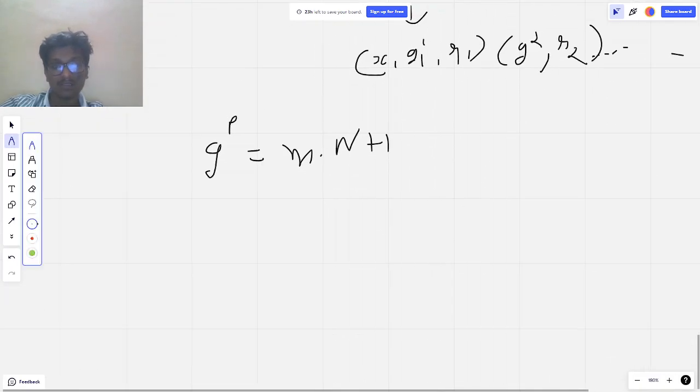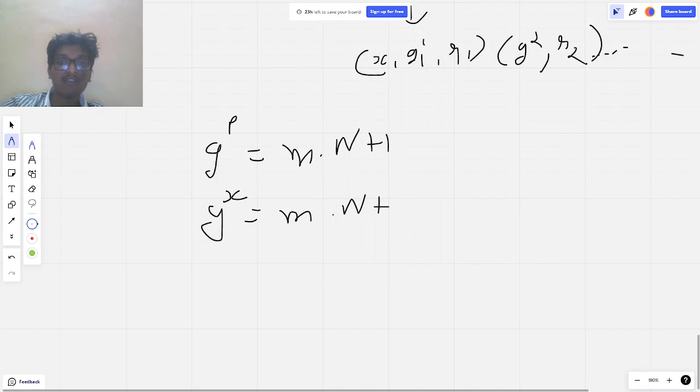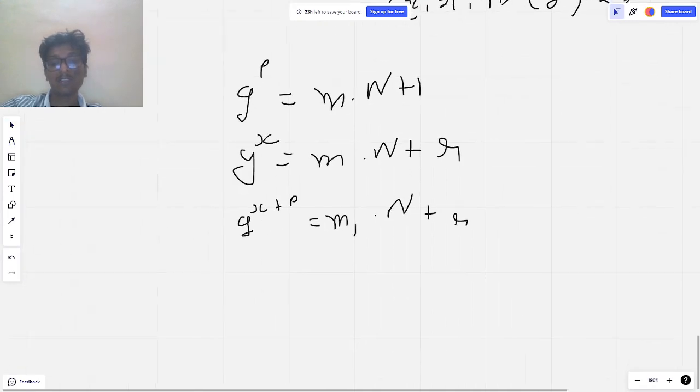But now we inputted g power x, and it is a multiple of n plus r, because that was what we calculated. But there is a property that says that if we add p to the power of g power x, it will be another multiple of n, but this r will not change. So this will be true for everything.